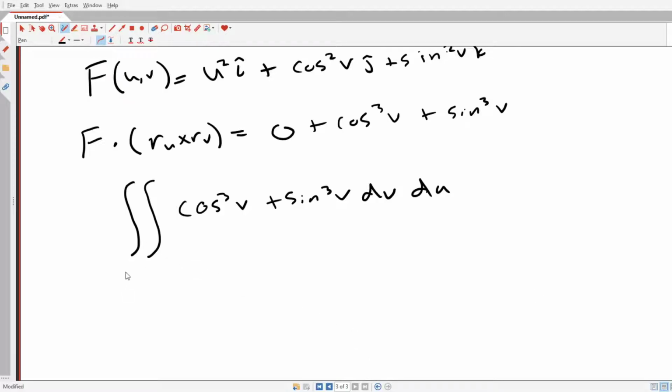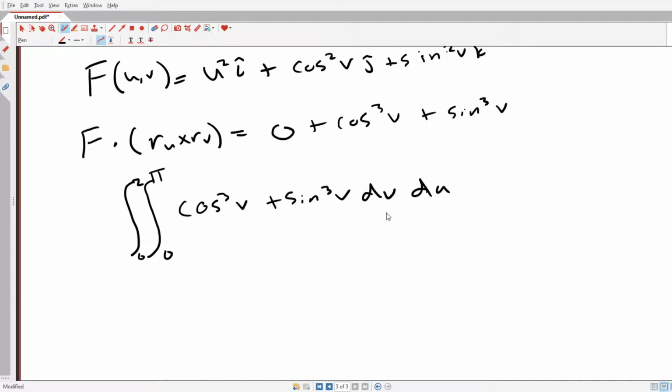if we have the inward normal vector. Okay, so real quick, just to finish this up, v goes from 0 to pi, and u goes from 0 to 2. And I'm not actually going to integrate this because cosine cubed and sine cubed, you can integrate them with some basic trig integration, but that's going to be a little bit more complicated in the time that I have.